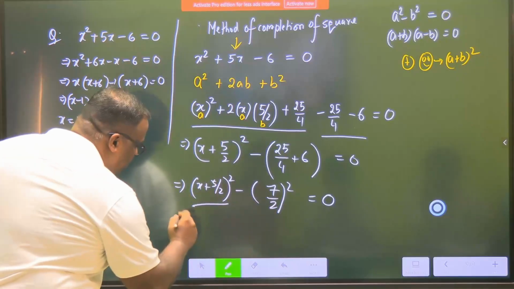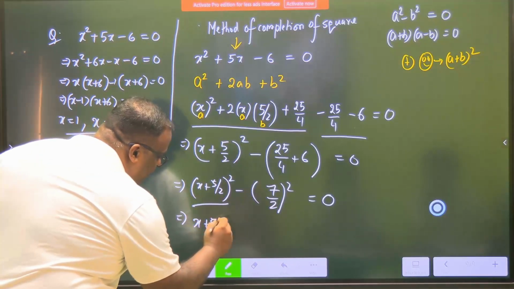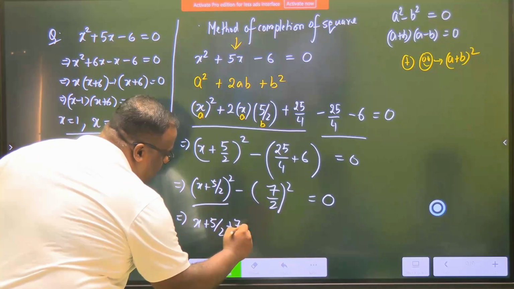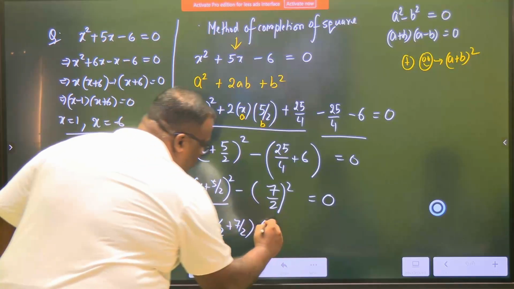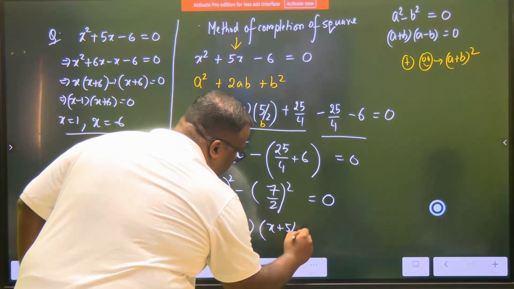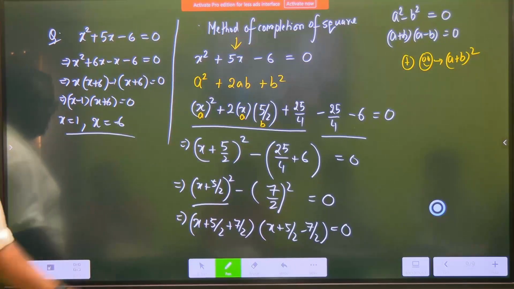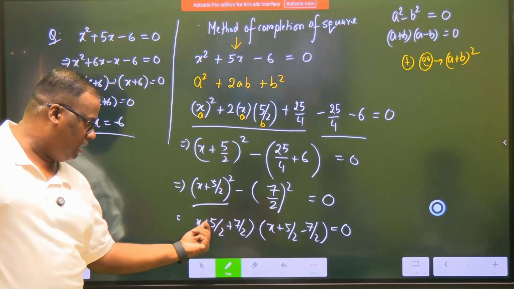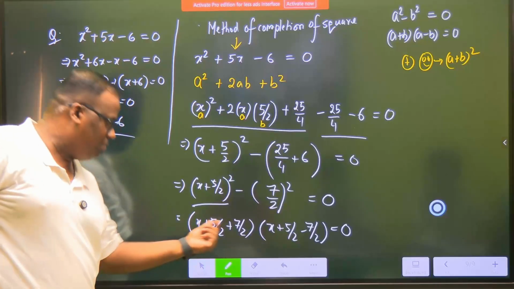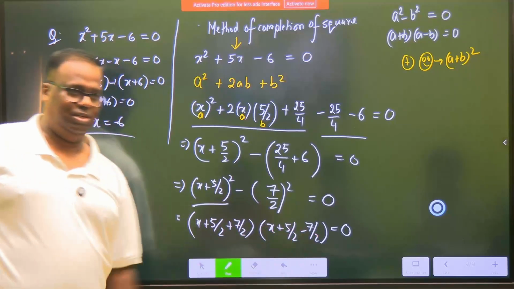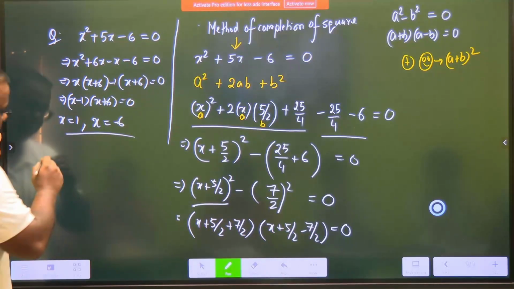Now the next step will be what? x plus 5 by 2 plus 7 by 2 into x plus 5 by 2 minus 7 by 2 is equal to 0. Agreed? a plus b, a minus b. Let us solve it.